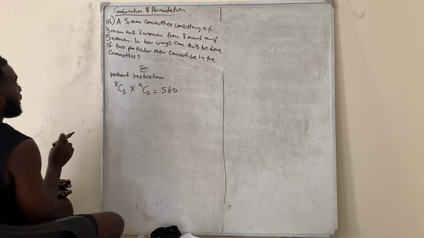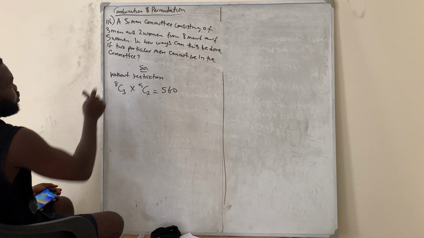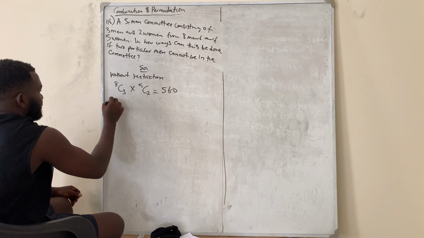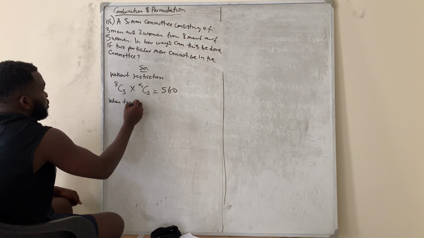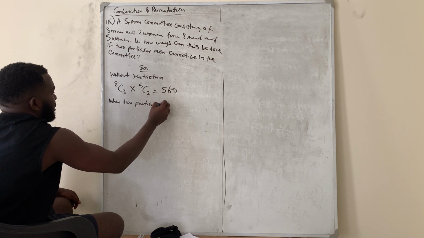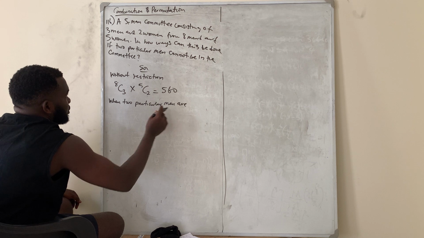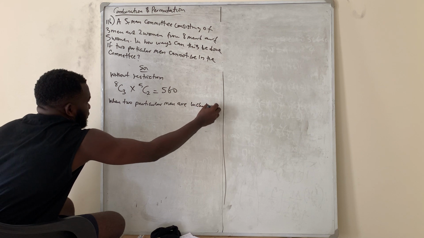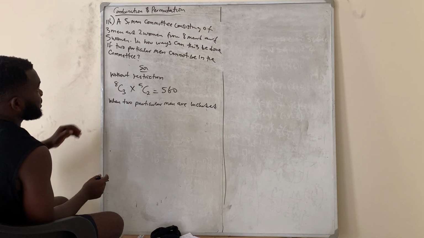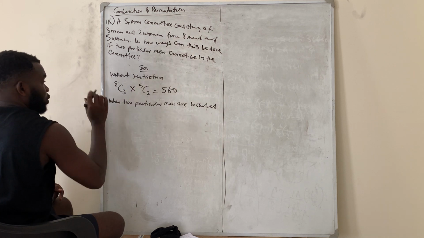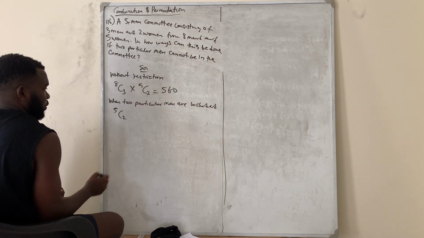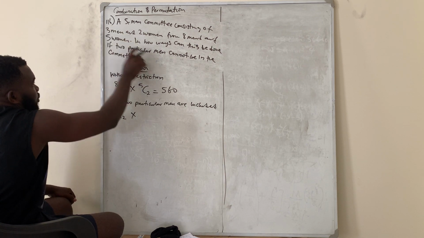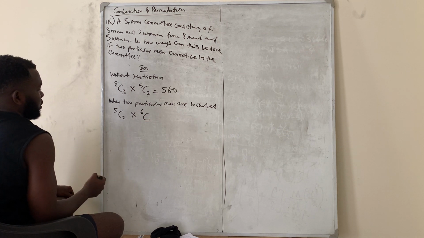Okay, so now let's say the restriction here is that 2 particular men are included. That's what we want to say. So when 2 particular men must be in the committee, or let me just say are included, I have removed 2 from the 8, so I'm left with 6. For the women, I'm still having 5 combination 2, times, for the men, since I've removed 2 and I'm choosing 3 men, I'm taking 1 man out of 6, so 6 combination 1.